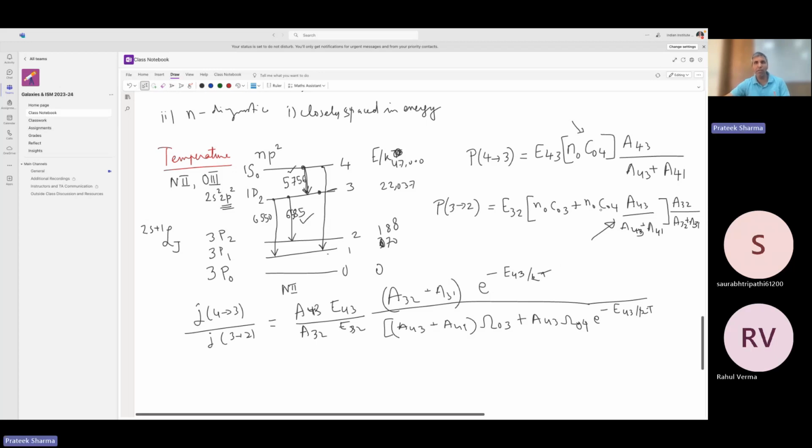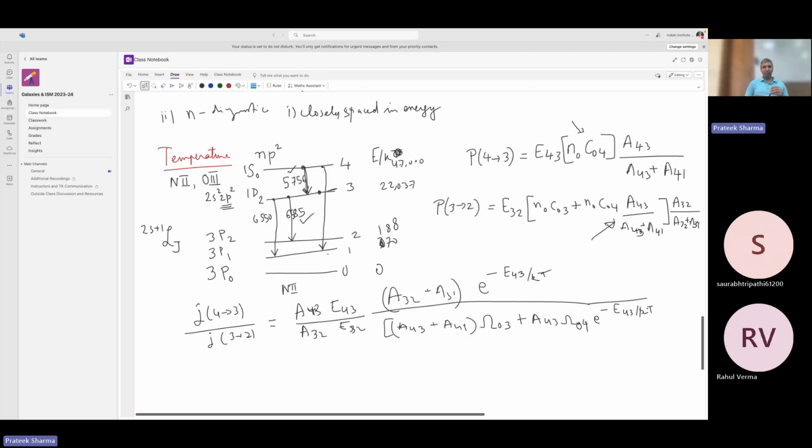So this C04, the collisional coefficient from state 0 to 4, is proportional to e to the minus E by kT, the Boltzmann factor.